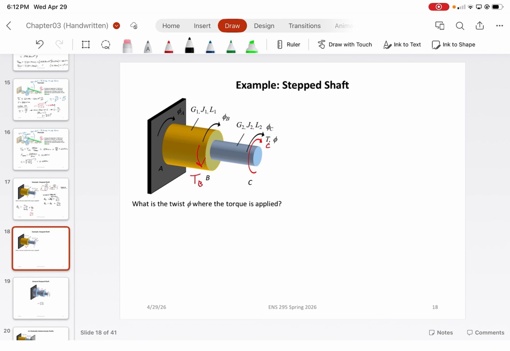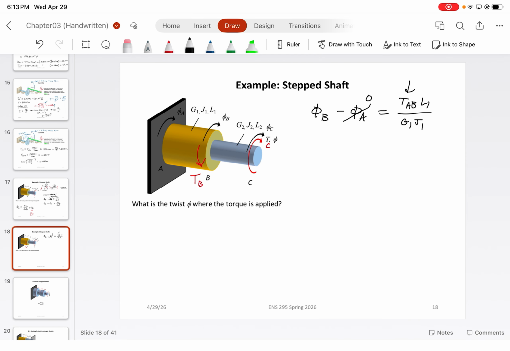All right, so statics would still just apply. Here, our compatibility equation would just be phi B minus phi A, which again is just 0. And that is just going to equal the torque in member AB times L1 divided by G1 J1.